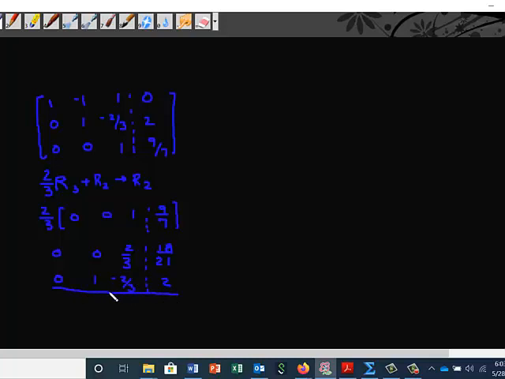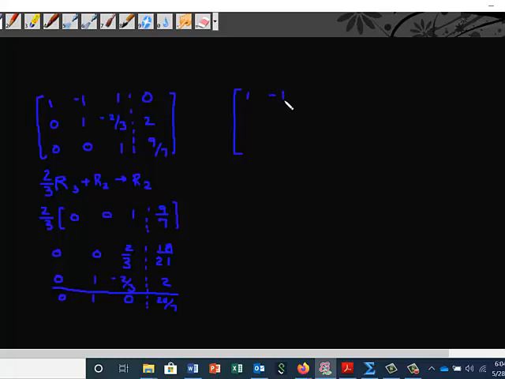And this is going to be 0, 1, 0, and then this is going to be 20 over 7. So rewriting this, we have our new row 2.